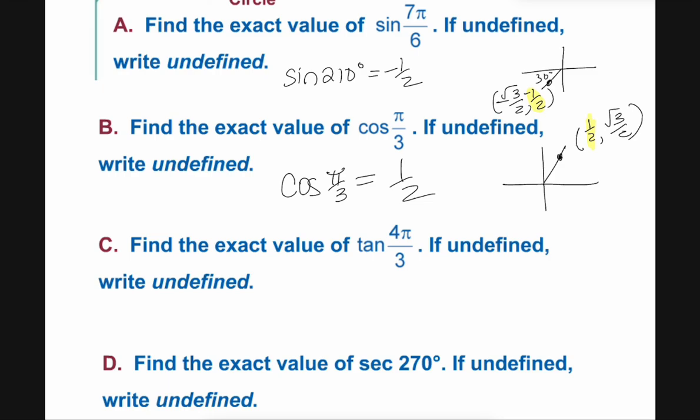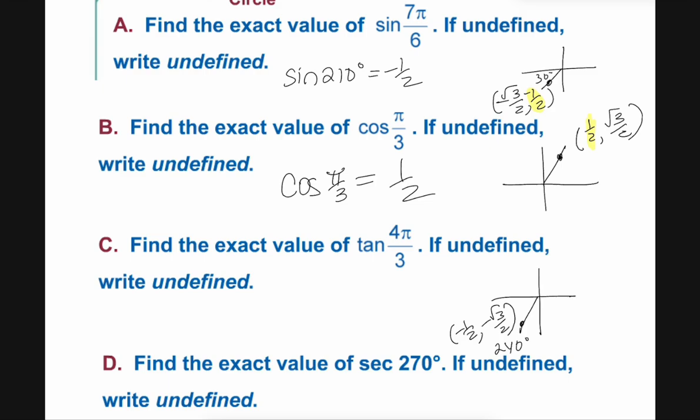4 pi over 3 for number 7C is related to pi over 3. That denominator, that's one thing I do like about radians. It kind of tells me what to look for. It's related to 60 somehow. 4 60s is 240. 240 down here is the point negative 1/2, negative square root of 3 over 2.